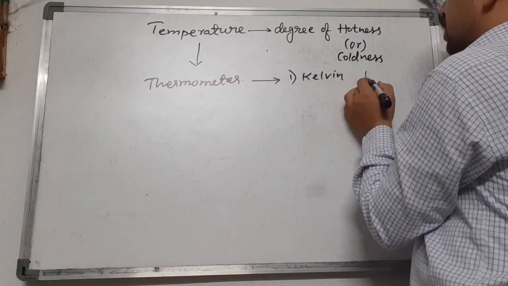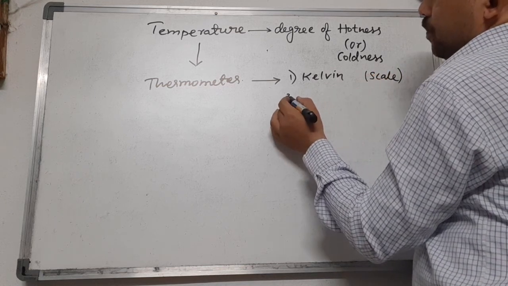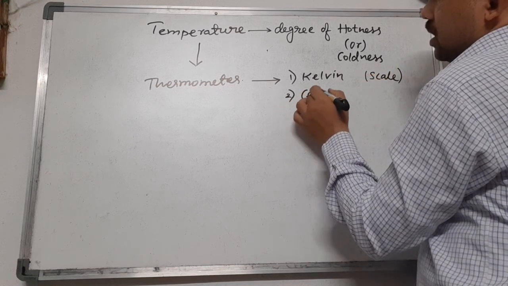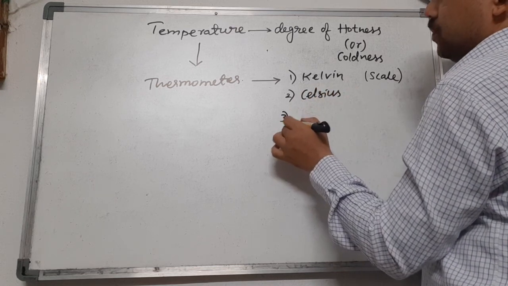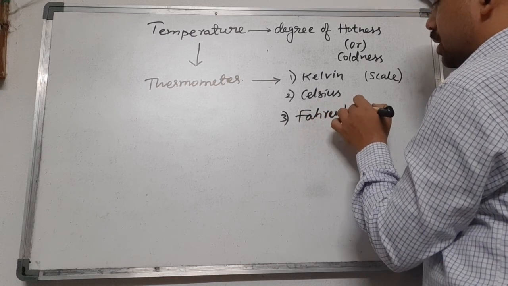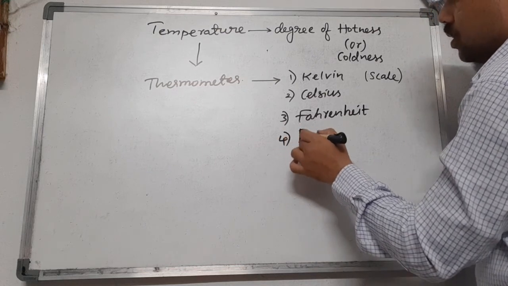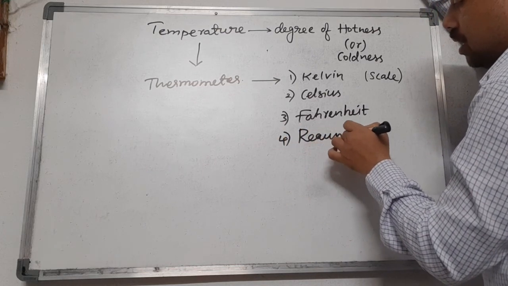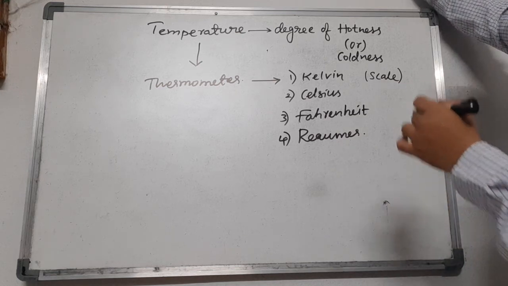So what are the different types of scales? Kelvin scale and Celsius scale and Fahrenheit scale and Reaumur scale. Like this we have different types of scales.